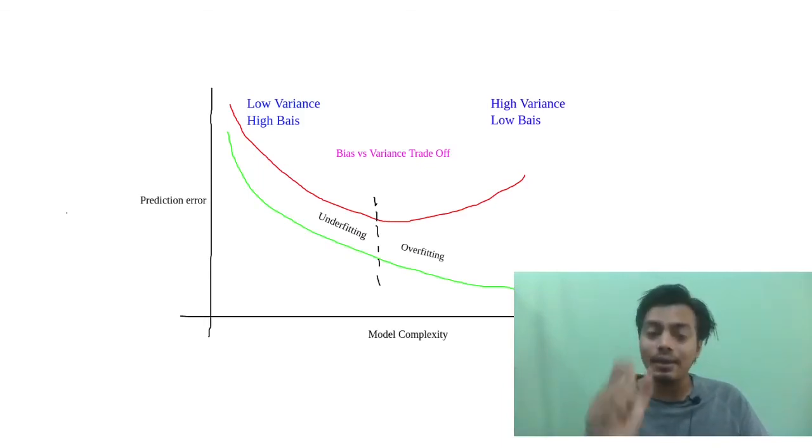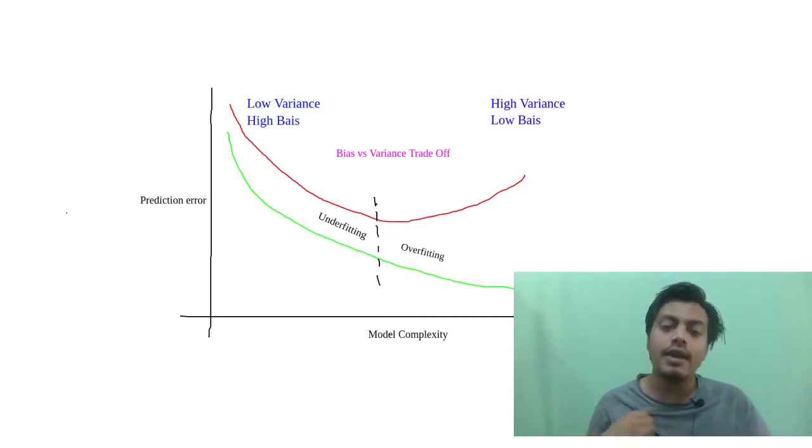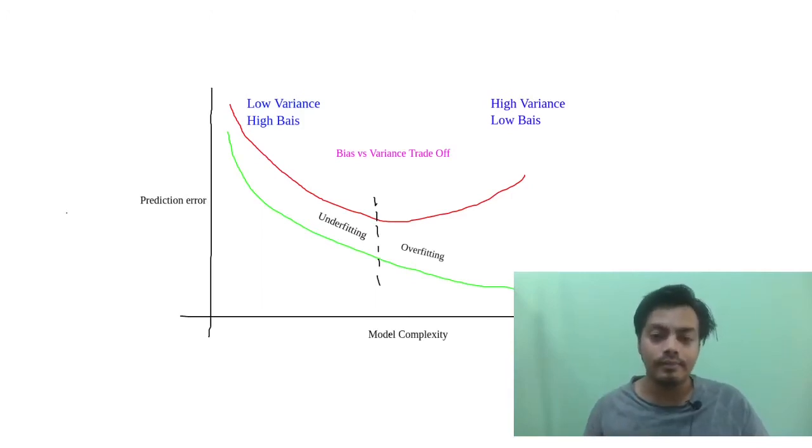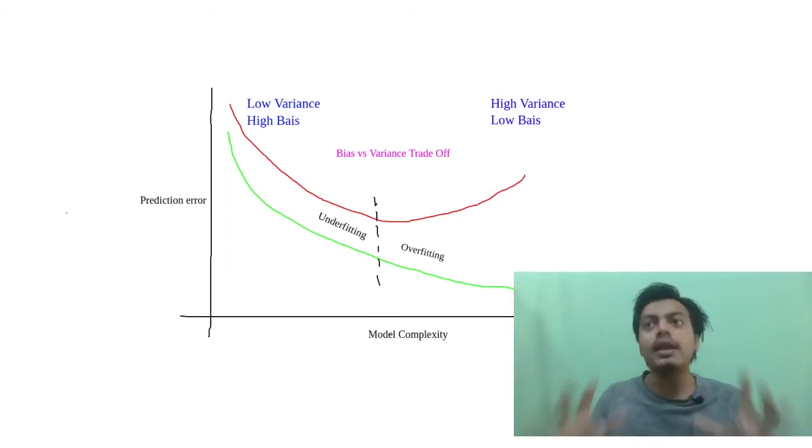That typical point is called the bias versus variance trade-off, and finding those parameters for a model is the ultimate goal of any data scientist. Any ideal machine learning model should have low bias and low variance.